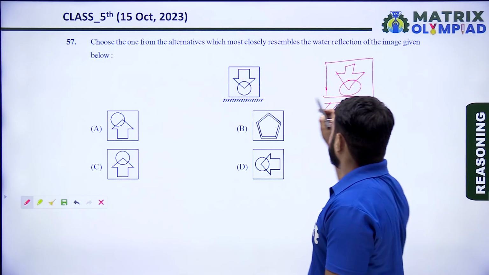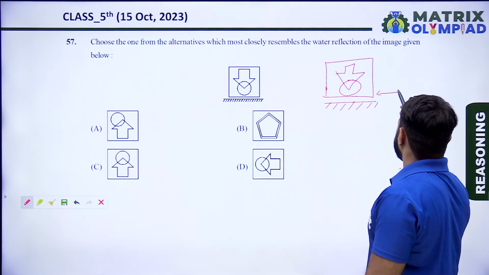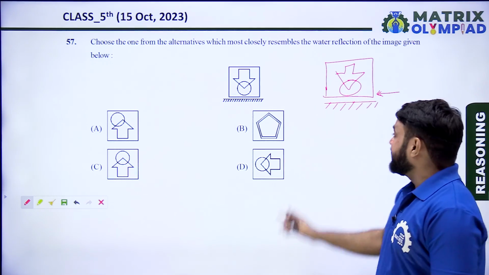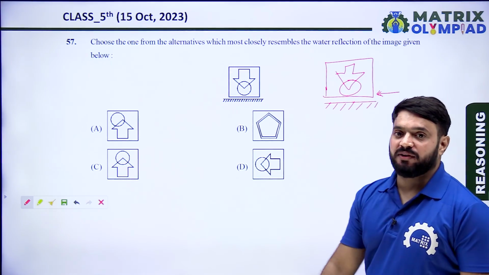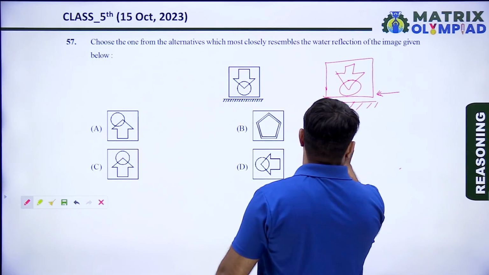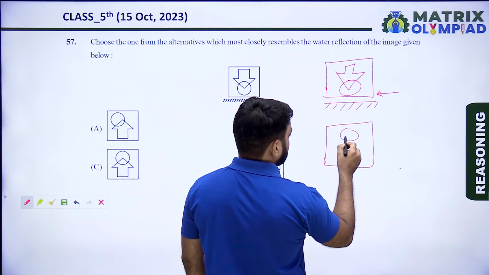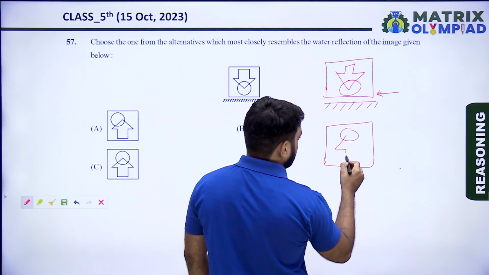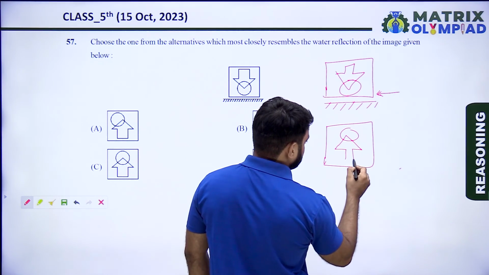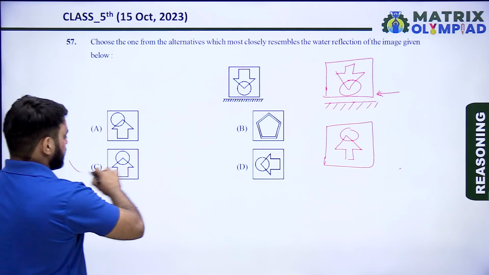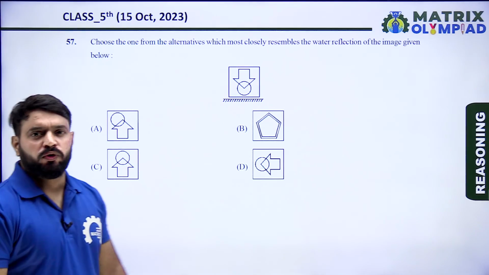The object is near the water, so it remains near the water in the water reflection. So the water image of this image looks like this. So the correct answer is option C. Let's move on to the next question.